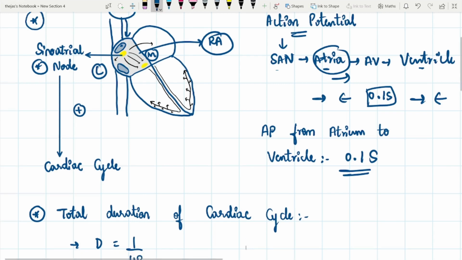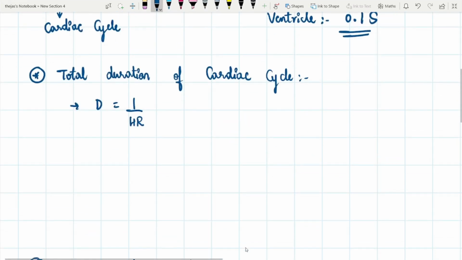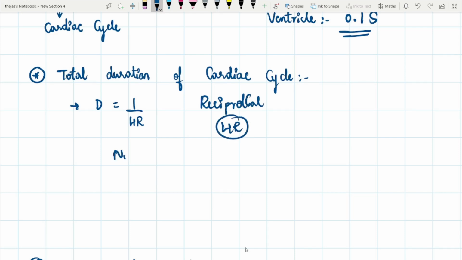Now, the duration of the cardiac cycle is the reciprocal of the heart rate. Consider the normal heart rate of 72 beats per minute.